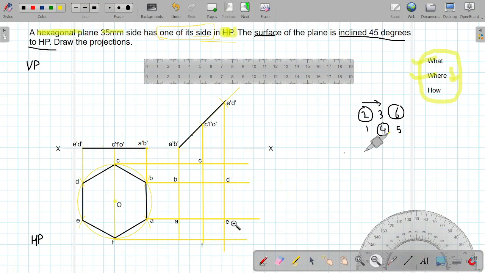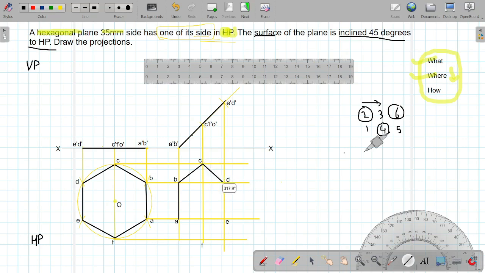Now the next step is to join the points. And for joining we have to take the help of the original figure. So here we can see that the joining is as per this sequence: from A to B, then B to C, then C to D, D to E and E to F. So the same process we have to follow here also. By means of a scale you have to join from point A to point B, then from point B to point C. We have to use a scale for joining this.